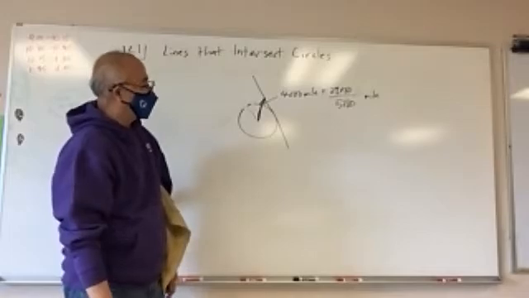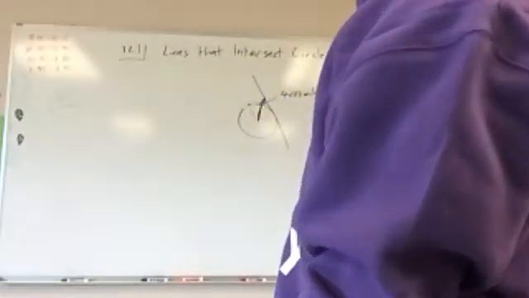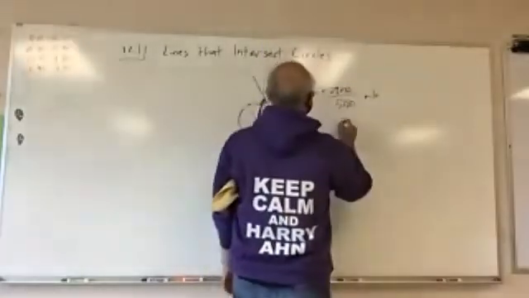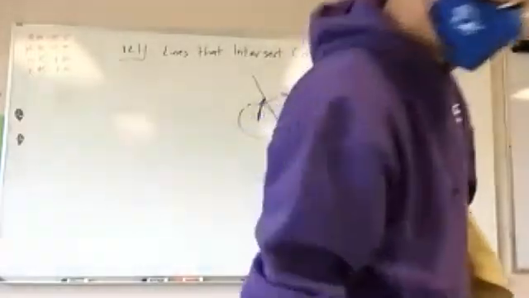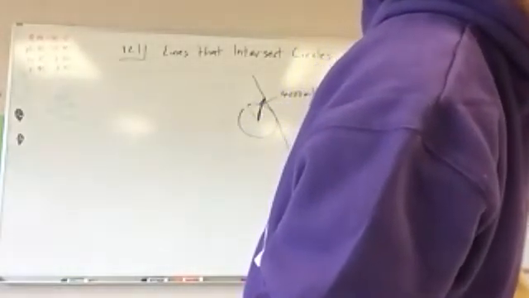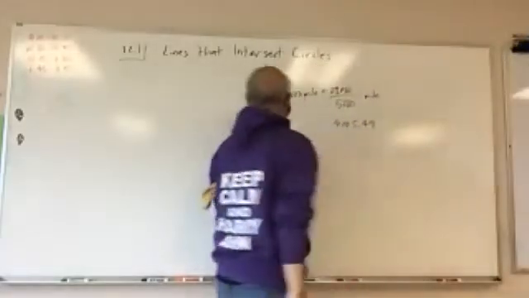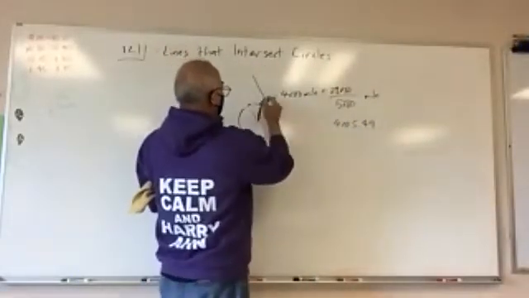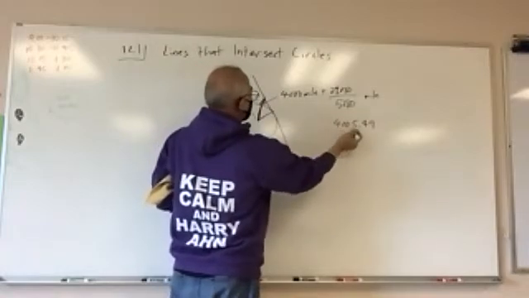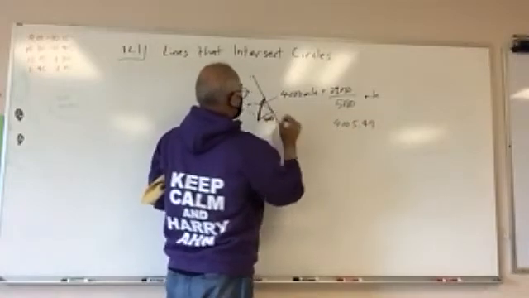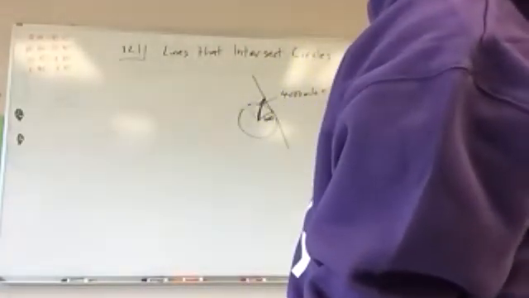And what do I get? 5.49. So this guy here is 5.49, and this guy here is going to be 4,000. So this total is 4005.49. What was the question? What is the distance from the summit to the horizon to the nearest mile?